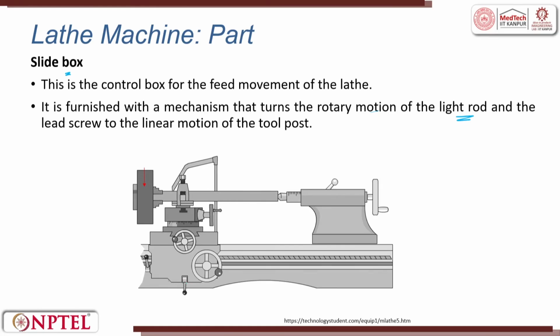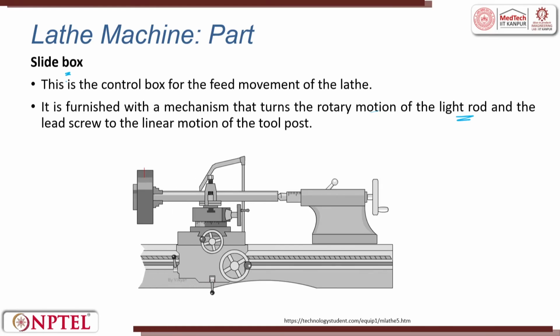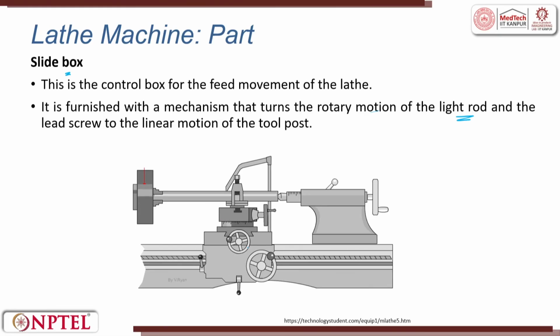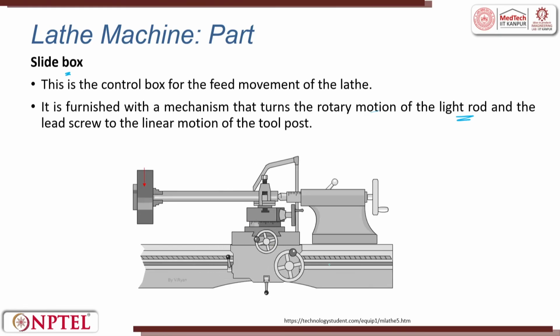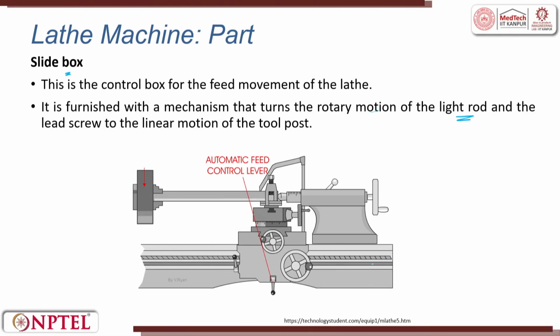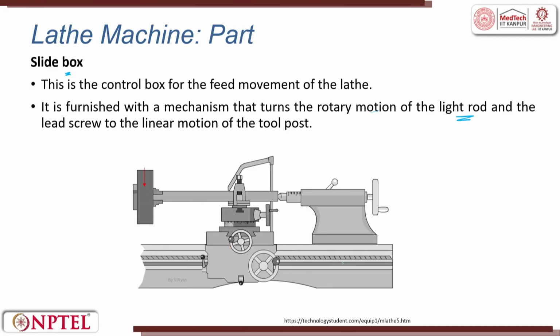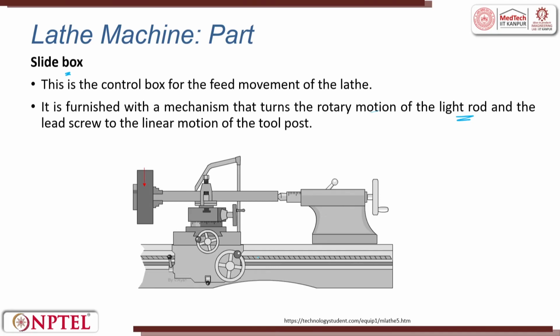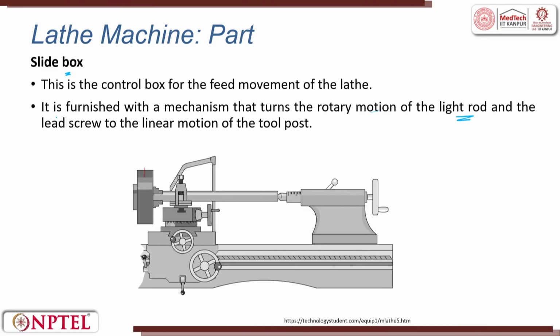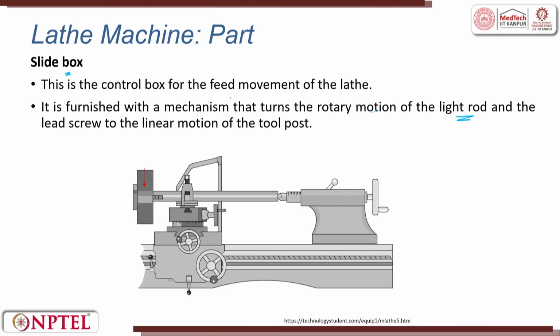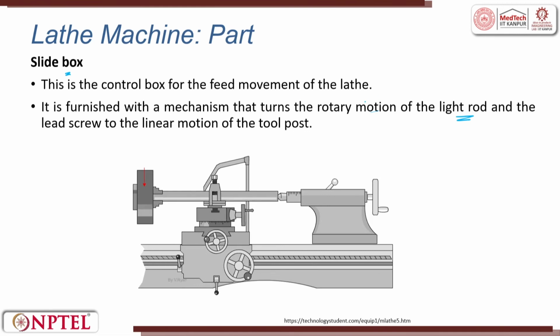So, there are two things we are talking about. This is the slide box, the carriage is there, and now you rotate the handle. This is guided by the feed rod and the lead screw. The slide box is the control box for the feed movement of the lathe.